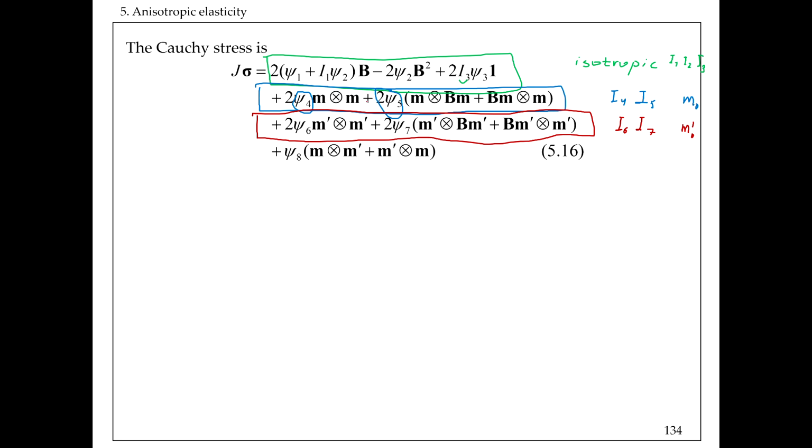You can see in this structure of the stresses that if there are no fibers M0, there is no contribution from here, so we basically have only one family of fibers, and that will be this line. But once we have a combination of those, we automatically have this mixed term here, which comes as a combination of having both M0 and M0 tag appearing.